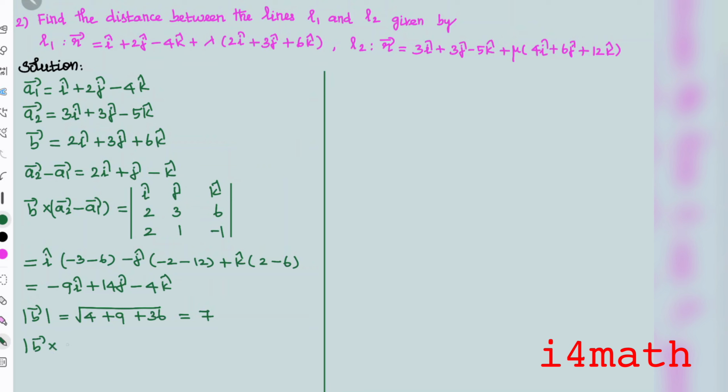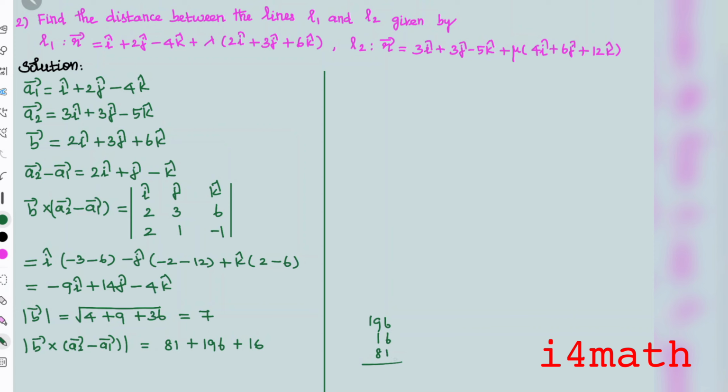Next, magnitude of b vector cross a2 vector minus a1 vector is equal to square root of minus 9 the whole square, that is 81, plus 14 square is 196, plus minus 4 the whole square is plus 16. Now square root of 81 plus 196 plus 16.